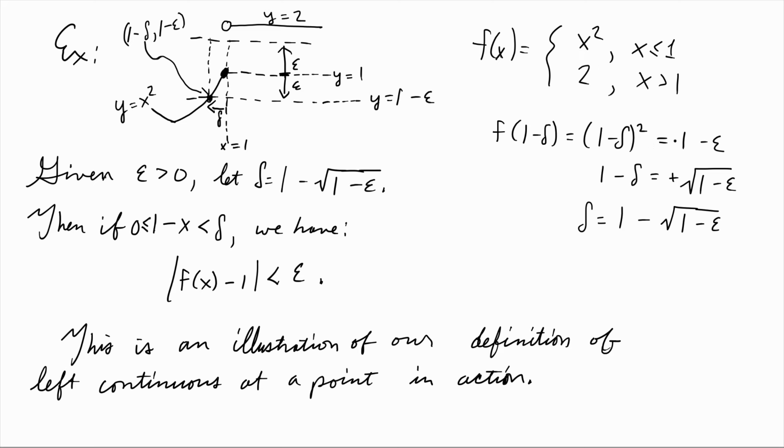We square it, and so that is a description of the y value, and this is also a description of the y value. Set them equal to each other and solve for delta. Notice when we take a square root, it's plus or minus, but we're only going to take the plus. Why? Because 1 minus delta, assuming delta is small, is going to be positive, because 1 is positive. So it's the positive square root, and we keep going. Delta is equal to 1 minus the square root of the quantity 1 minus epsilon.